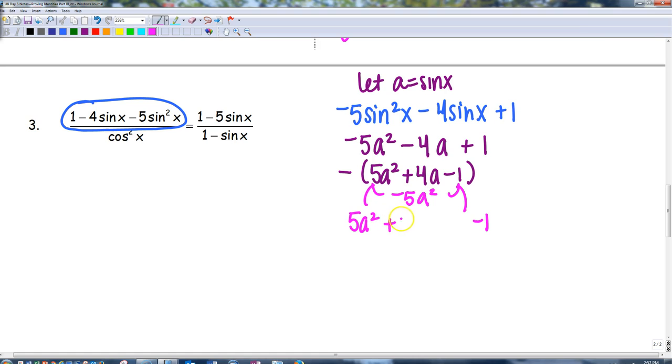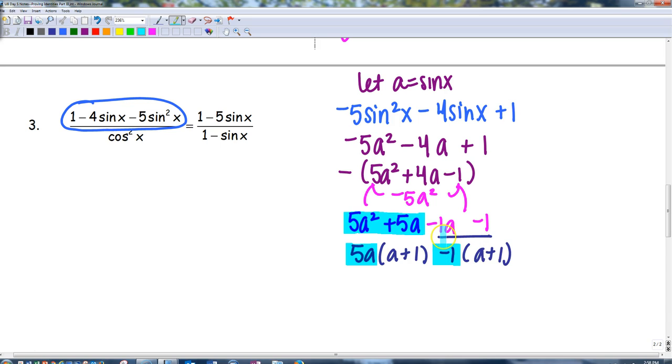That's going to be a positive 5 and a negative 1. And I'll take out my GCF. I have an a plus 1, and then an a plus 1, and you'll need a negative 1.